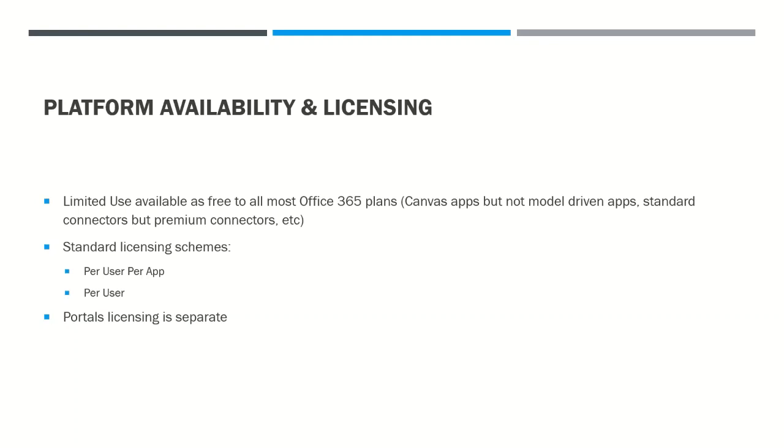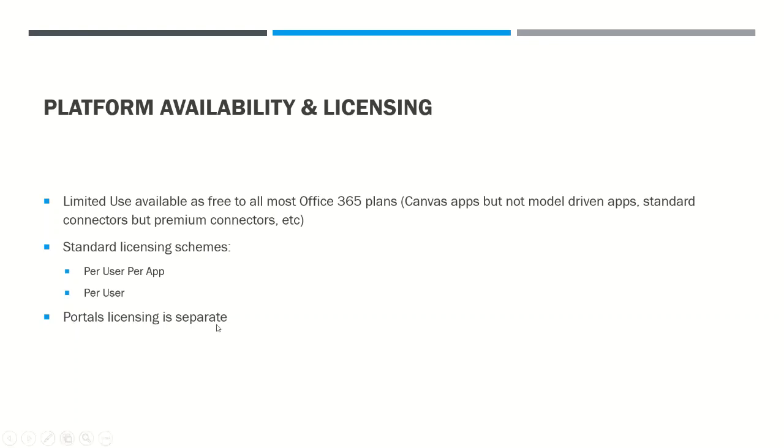Every user will need to pay, I don't remember, $5 or $8 per user per month. Whereas if there is more than one app and you want to use an unlimited number of apps, then you move to per user licensing, which is about, I think, $15-20 per user per month, where you can run as many apps as you want. Okay.